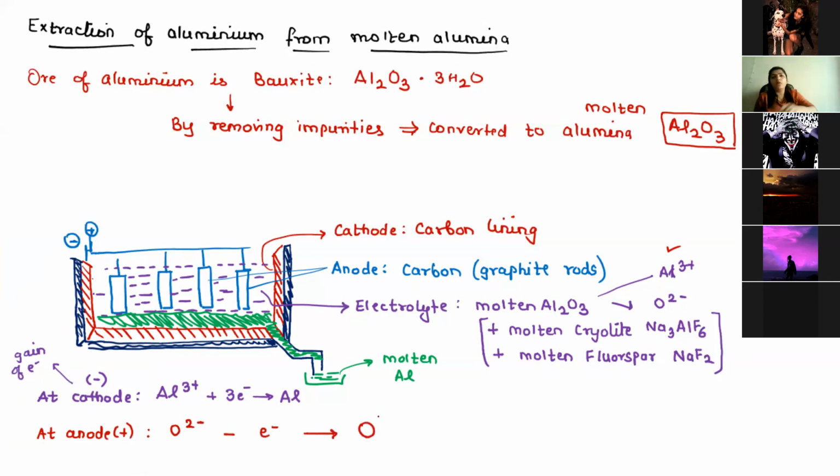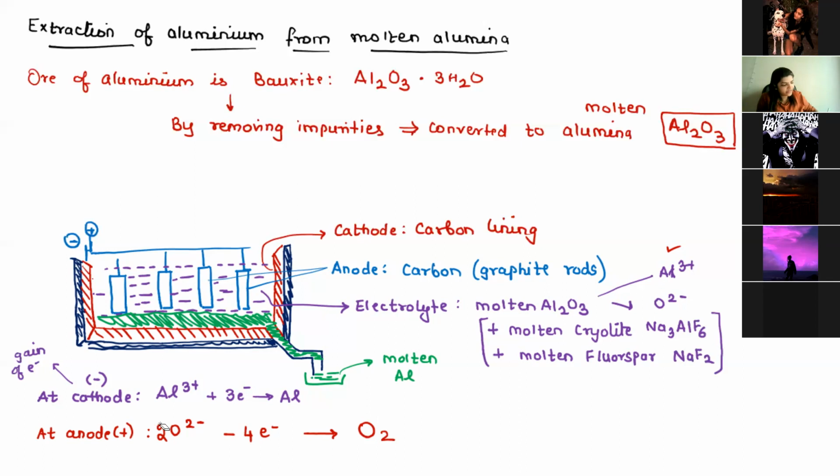Now, is oxygen diatomic or monoatomic? Diatomic. So it will become O2 and 2O2-. One oxygen loses 2 electrons. So 2 oxygen will lose how many electrons? 4. And that's why we need to write 4 electrons. So this is the reaction for cathode and anode.